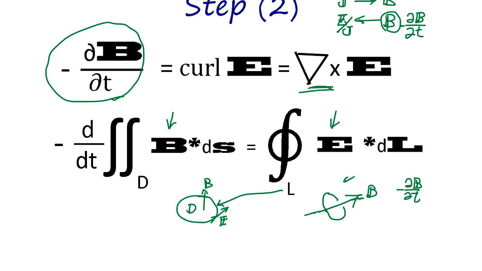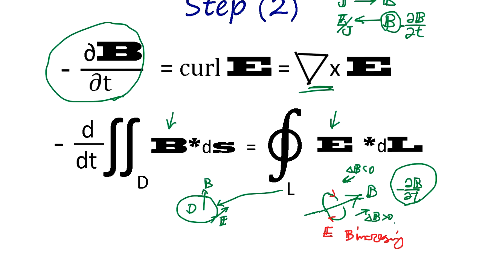Delta B may be negative or positive, whichever it may be over time. When B is increasing, pointing this way, the E is going to be generated by the right hand rule this way.